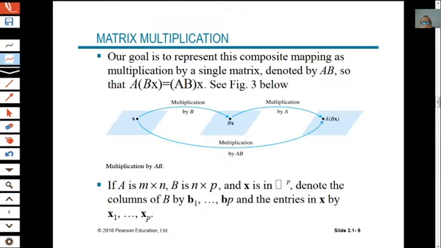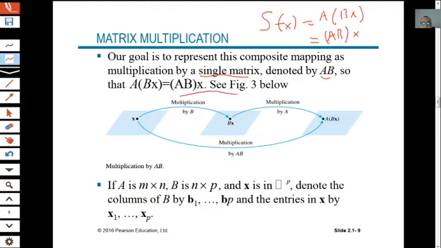So our aim is to represent this composite mapping as multiplication by a single matrix denoted by A times B. The composition, namely S of x, is actually equal to A times Bx, but we want to represent this composite mapping as multiplication by a single matrix instead of A and B, denoted by AB, namely ABx, A times Bx.